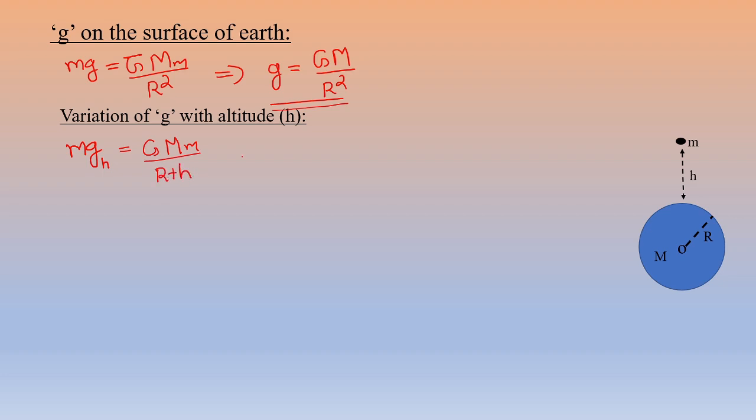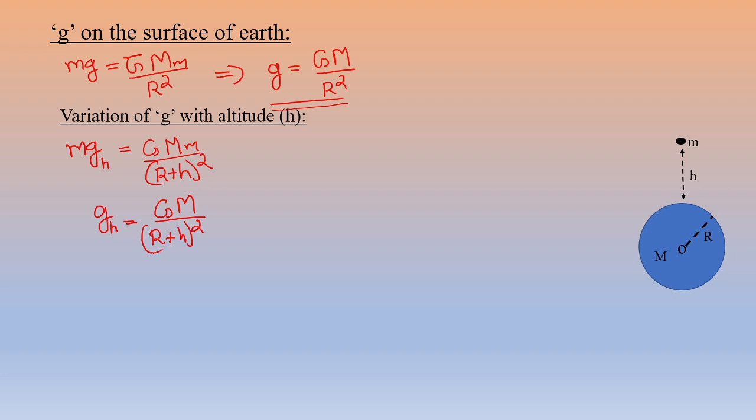Here it is the distance between the mass and the center of the Earth. That is, we have to write that distance as r plus h. So r plus h whole square. Then from that, g h is equal to G M divided by r plus h whole square.